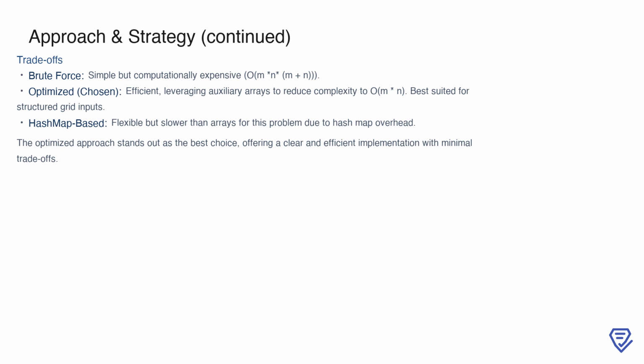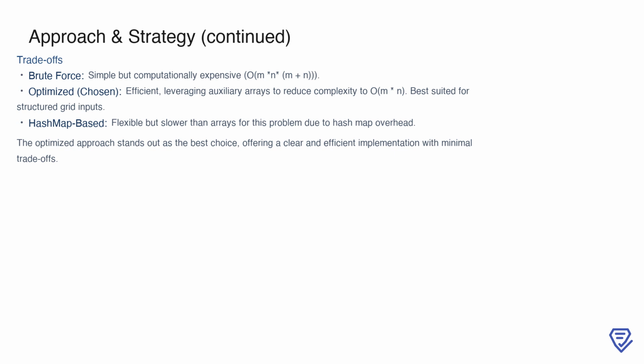On the other hand, the optimized approach, which uses auxiliary arrays to count black pixels row-wise and column-wise, significantly reduces the complexity to O(m*n). This makes it highly efficient and well-suited for structured grid inputs like the one in this problem. The hash map-based optimization offers more flexibility, especially for grids with non-contiguous or non-numeric row and column labels.